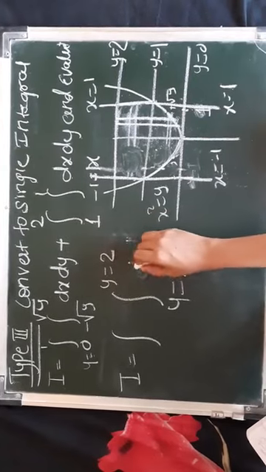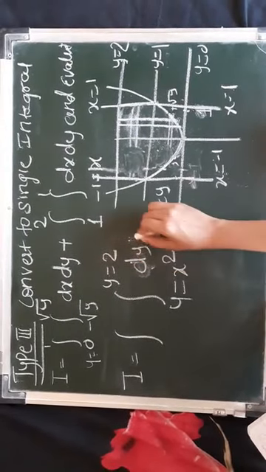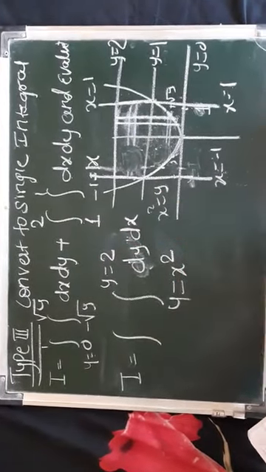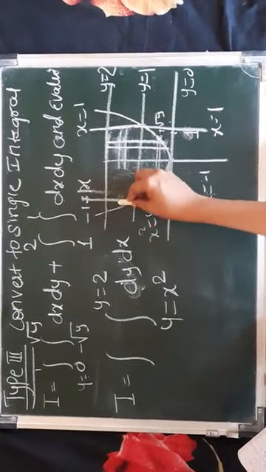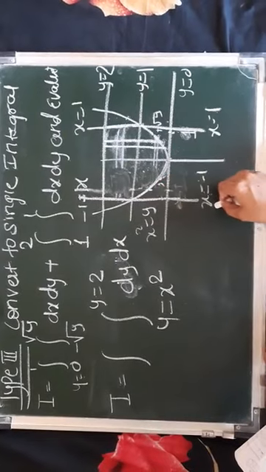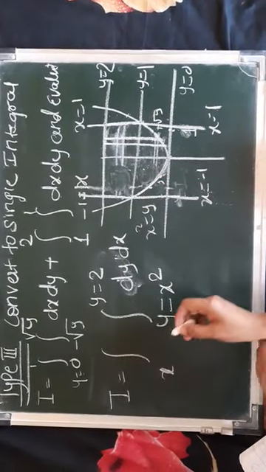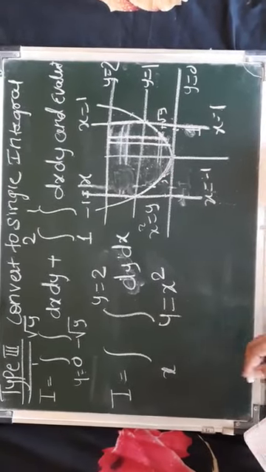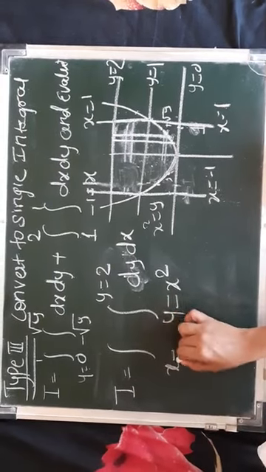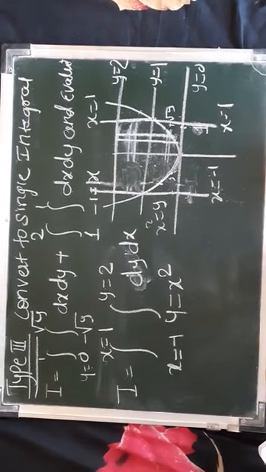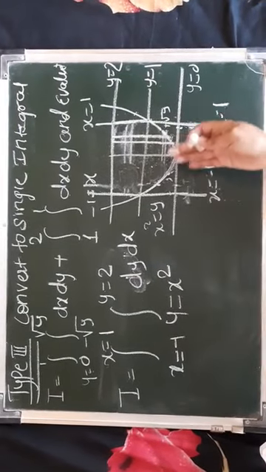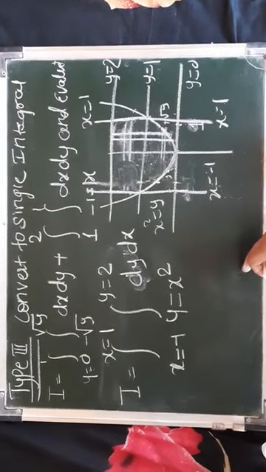Now you are writing the limits of y, so first I have to do integration with respect to y and then with respect to x. Now when I move this vertical strip from here to here, what is the minimum limit of x? It is minus 1. The minimum limit of x is minus 1 and the maximum limit of x is plus 1. So that's why we will get this integration, which was divided in two parts, converted to a single part.